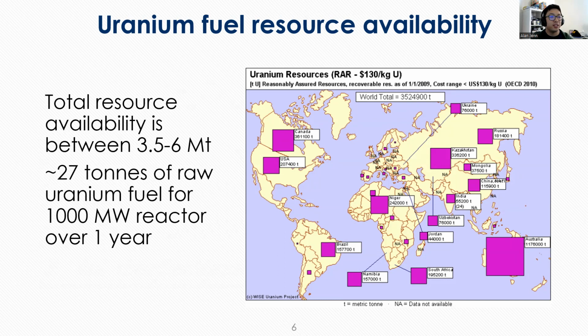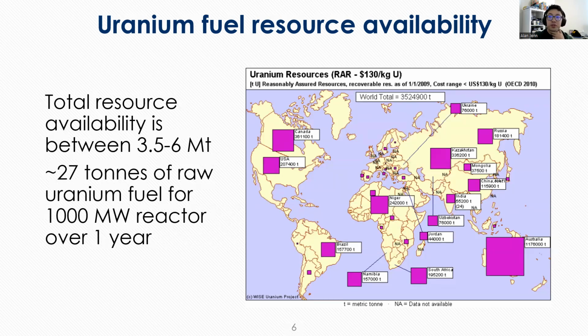As far as fuel resource availability, this is kind of an older map of what that looks like. So the map may look slightly different from today, but generally speaking, your resource availability generally looks something like this.